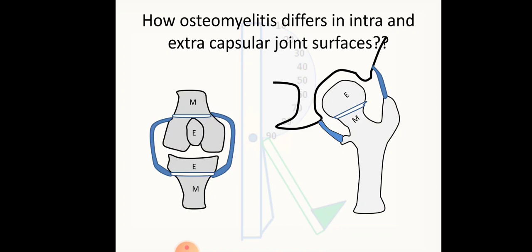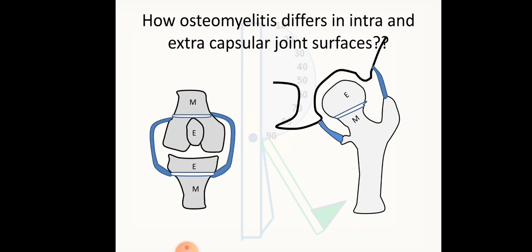Whereas in the hip joint, it has to cross only the growth plate, because the metaphysis is within the capsule of the hip joint. Thus, osteomyelitic infection differs in intracapsular and extracapsular joint surfaces. In extracapsular joint surfaces, there are least chances of osteomyelitic infection traveling across the joint line to reach the other joint surface.